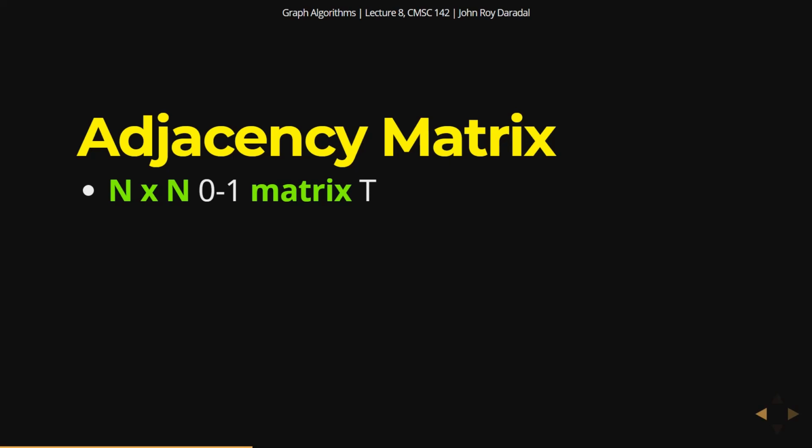I think we've already covered this before in ComSci 57, but we'll just review the adjacency matrix. Given that there are n vertices, an adjacency matrix is an n by n 0,1 matrix. So the size is n by n, and it's a 0,1 matrix, so the contents of the matrix are either 0 or 1.